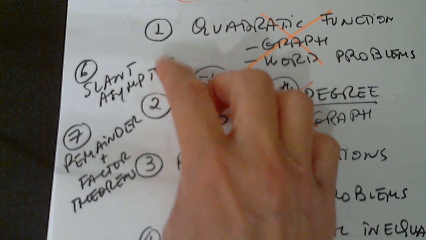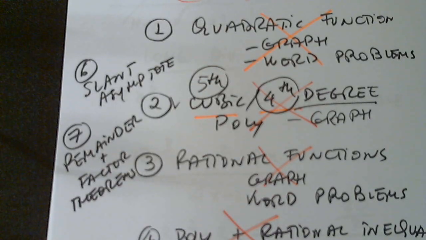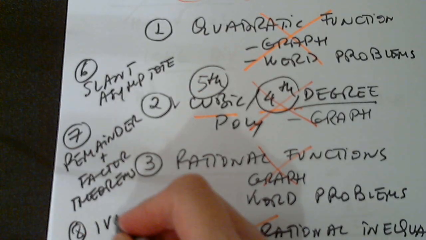What is left is finding the slant asymptote and the remainder and factor theorem. We went through everything, and I want to mention the intermediate value theorem, as I promised. I didn't forget. I want to add it here. IVT.